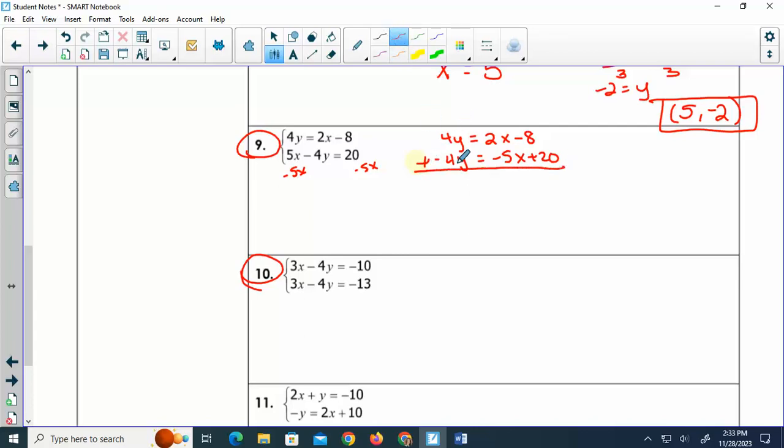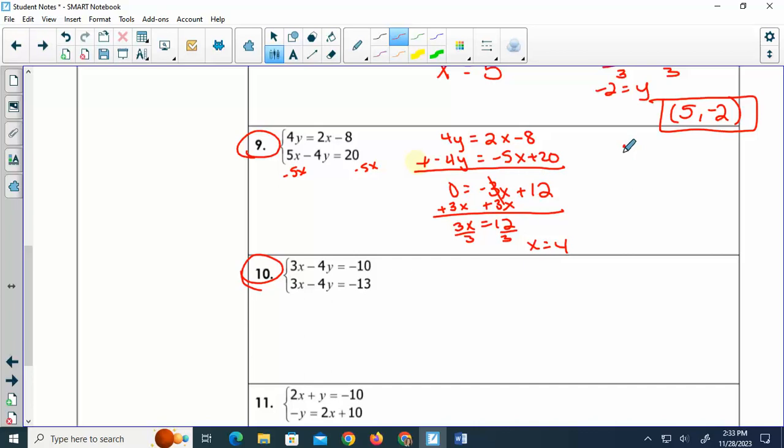So 4 plus negative 4 is 0. Positive 2 plus negative 5 is negative 3. Negative 8 plus 20 is positive 12. Okay, you can either add the 3x or subtract the 12, either way. Same answer. Divide by 3, so x is 4.